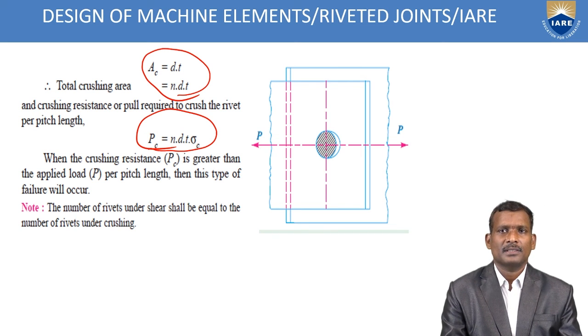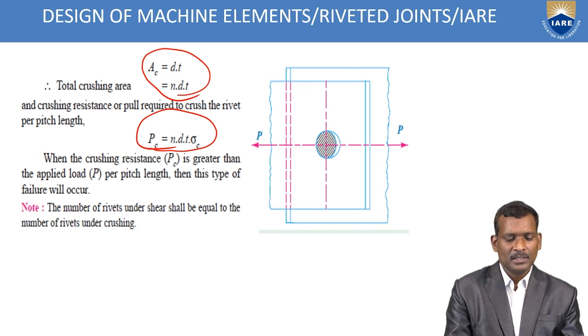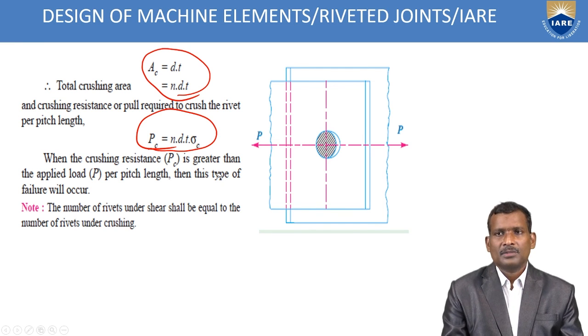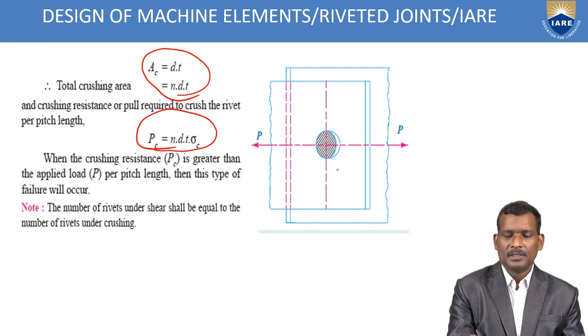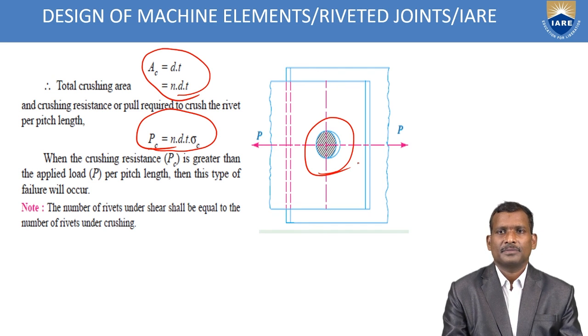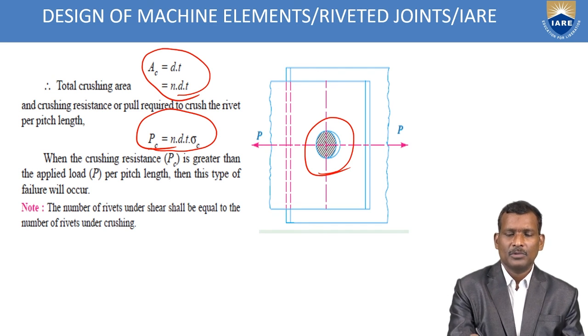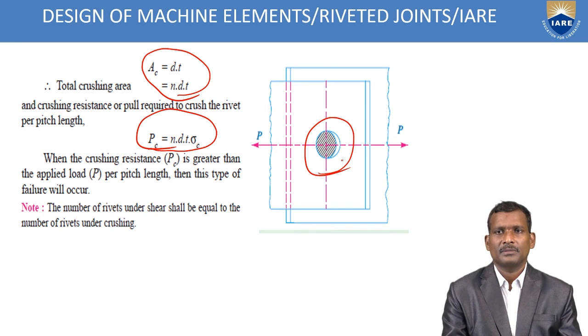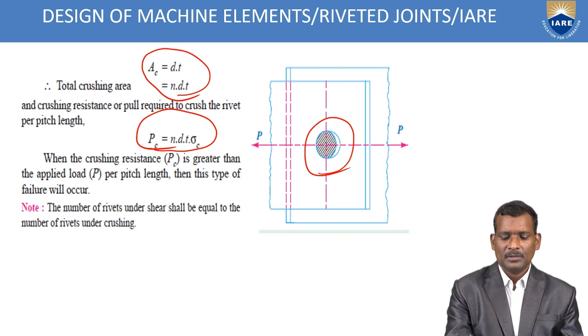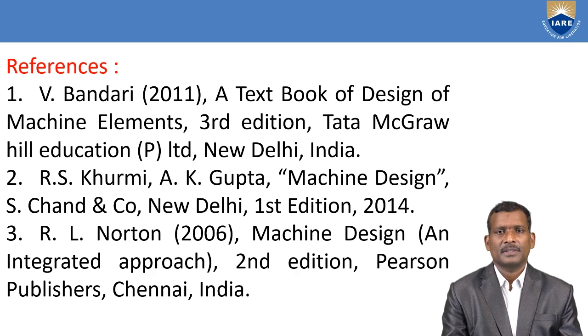When the crushing resistance Pc is less than the applied load, this type of failure will occur. Clear? See in this diagram, when it is subjected to load, the rivet area is crushed. Initially the rivet hole shape is circular. After crushing, it becomes oval shape. So these are the references.